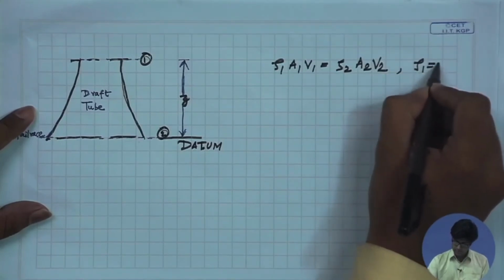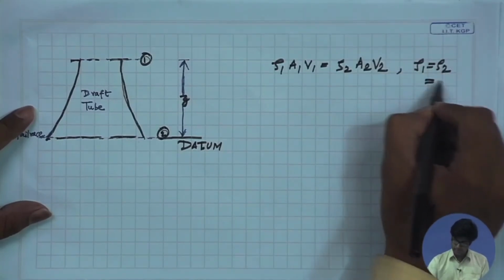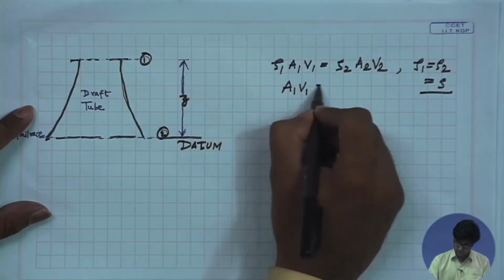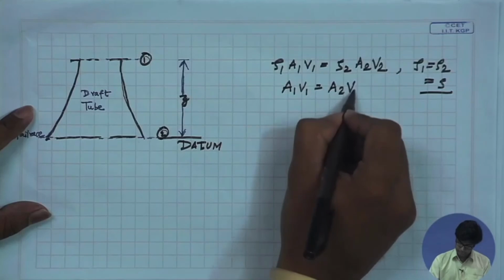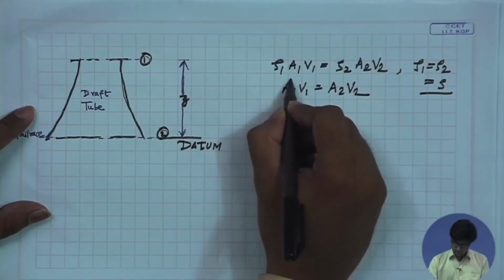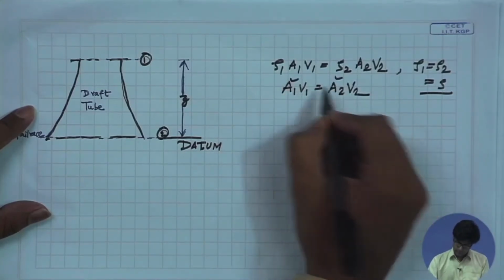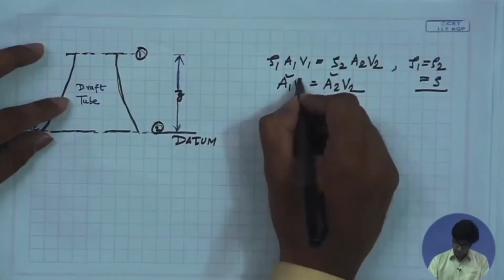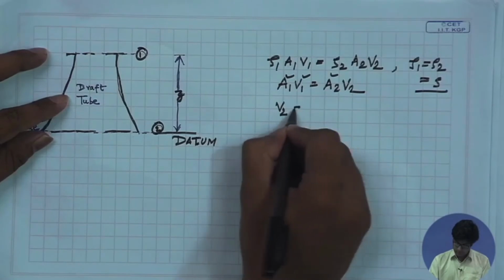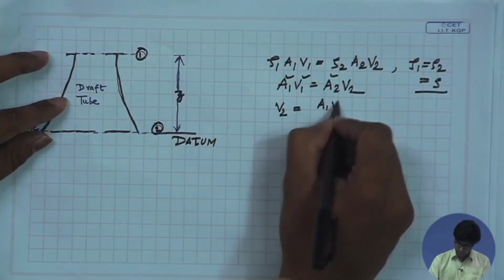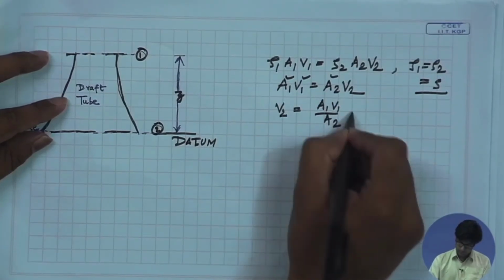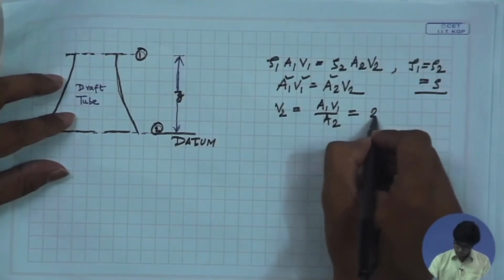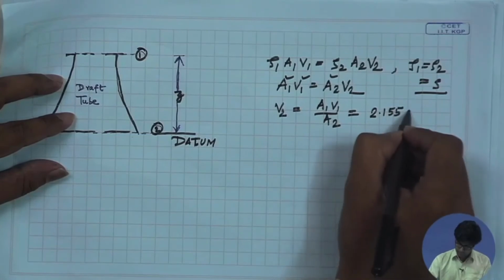Since the density is constant, we can finally write A1 V1 is equal to A2 V2. We know the inlet area and the outlet area, and we know the velocity at the inlet. So, we can find out V2 as A1 V1 by A2, which comes out to be 2.155 meter per second.